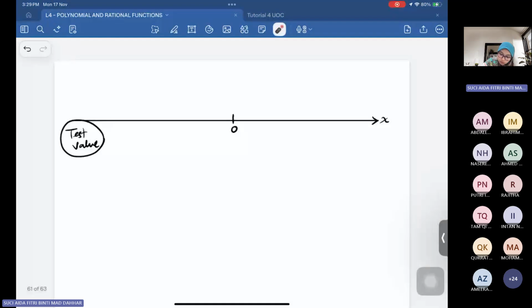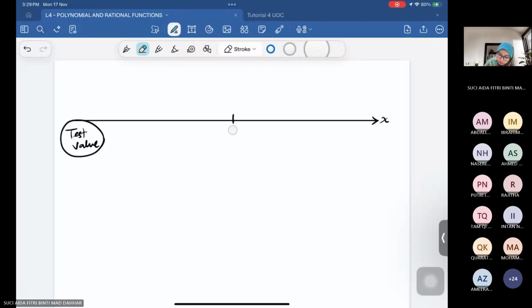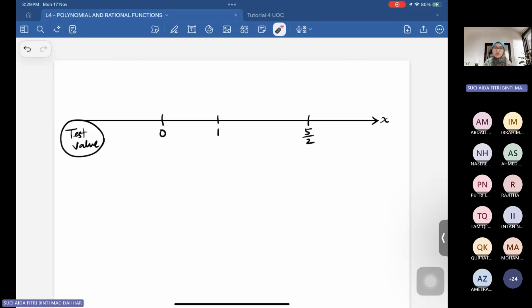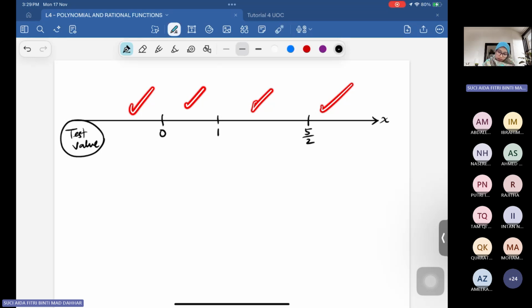So both of them are on this side. So 1 and 2.5, 5 over 2. So this divides the number line into 1, 2, 3, 4 different partitions. Let's pick one test value for each interval.